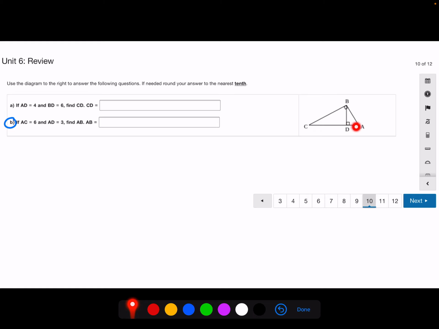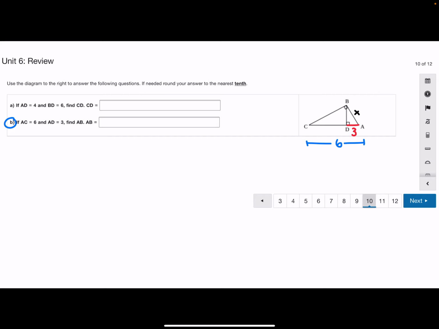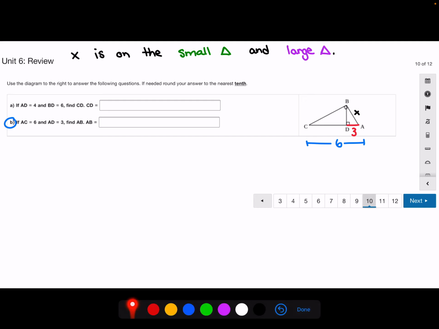AD is the small leg on the small triangle. So we have information on the large and the small. And lastly, AB is the hypotenuse on the small triangle, and it's the short leg on the large triangle. So we have information on the small triangle and on the large triangle. So those are the triangles that we'll use.